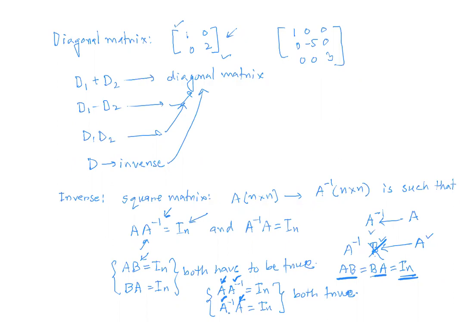To put it in a clearer way, this is the inverse of this, and this is the inverse of that. So they are mutually inverses of each other. One is the inverse of the other, and the other is the inverse of the first one.